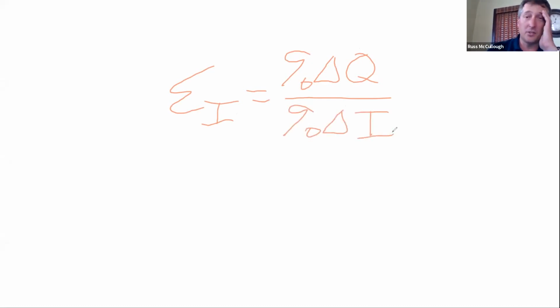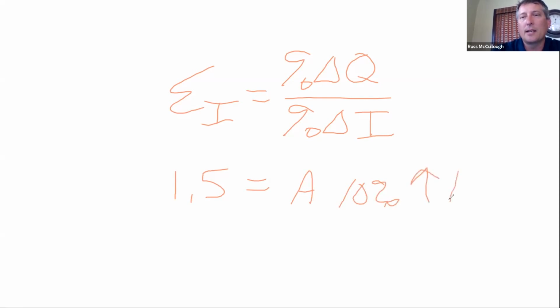And how this is usually talked about is that, if the income elasticity is 1.5, our interpretation is, let's call it a 10% increase in income leads to a what?